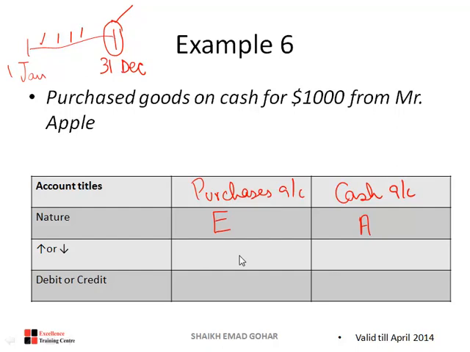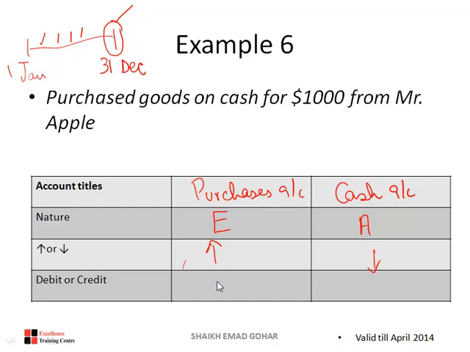You are purchasing the inventory, expense increase. And you are purchasing for cash, decrease. Remember I told you assets and expenses, they go in the same way. So every time if asset is increasing, expense will decrease, or expense is increasing, so asset will decrease, because one should be debit and one should be credit. If they both increase or decrease, then it will be debit, debit, credit, credit, which is wrong.